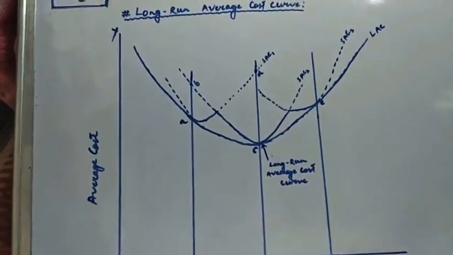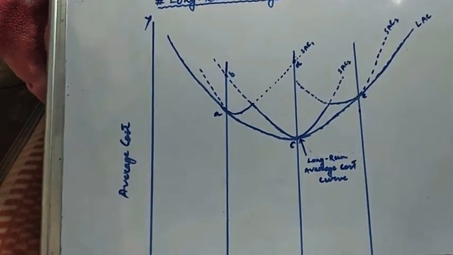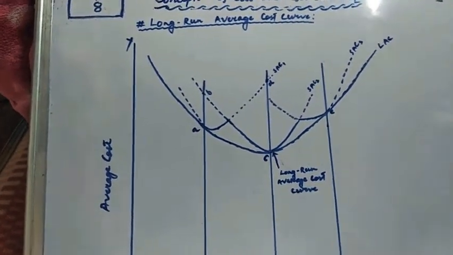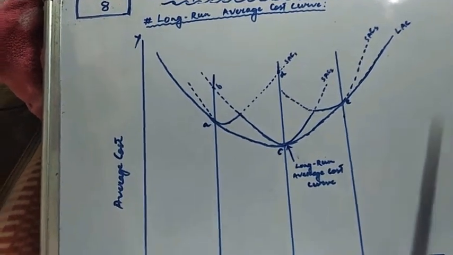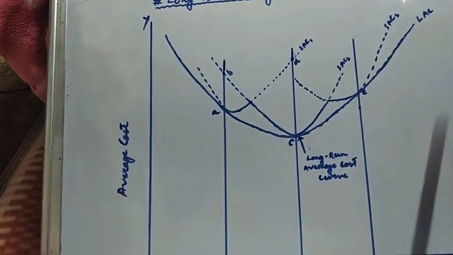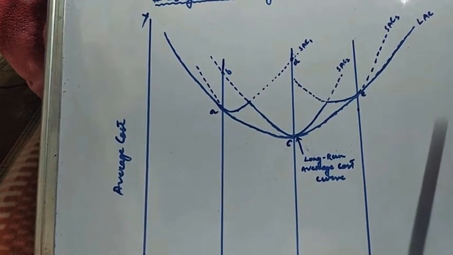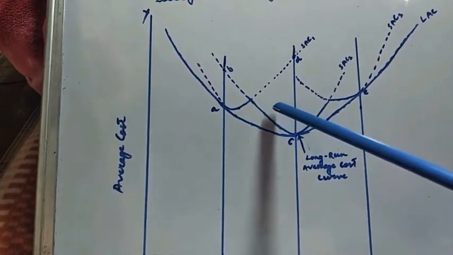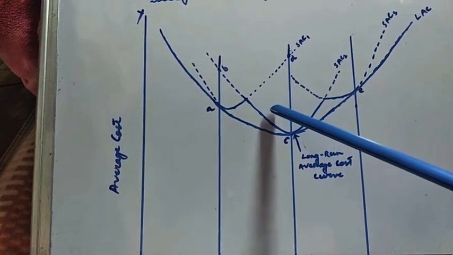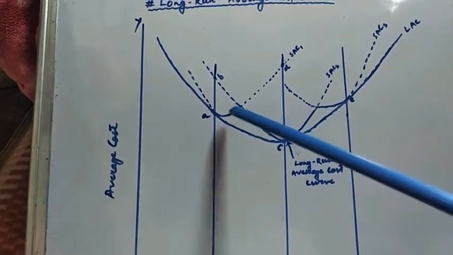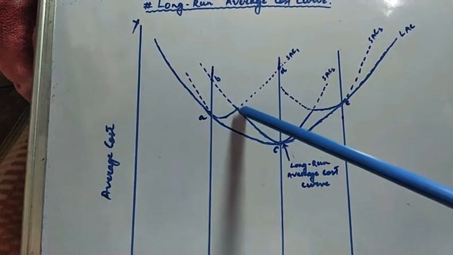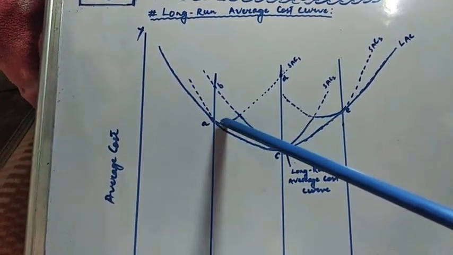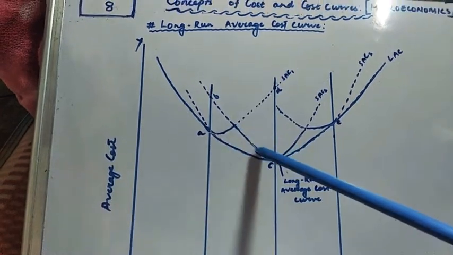So if there were only 3 possible plant sizes with short run average cost curves SAC1, SAC2 and SAC3, the long run average cost curve would be the solid scallop portion of these short run average cost curves. So the solid scallop portion is this one, and this will be the long run average cost curve.